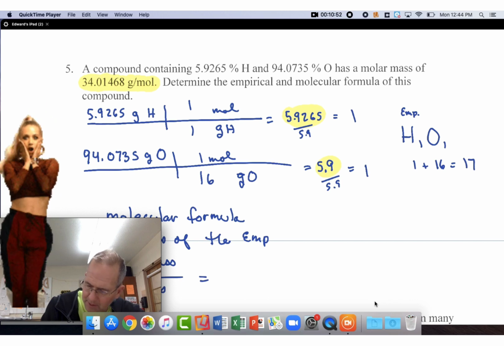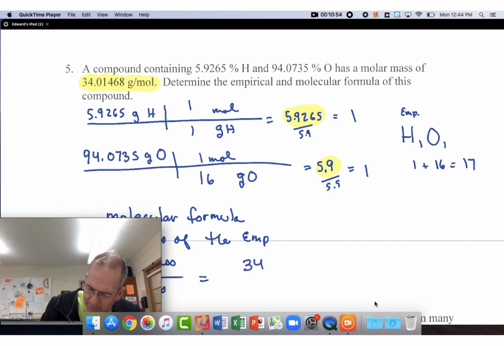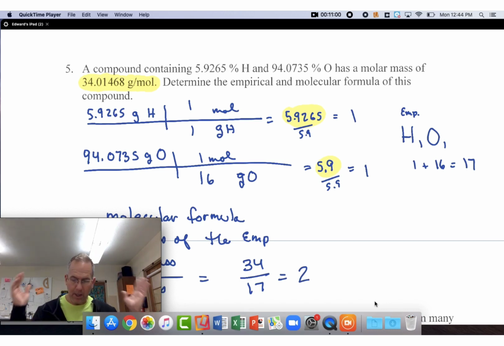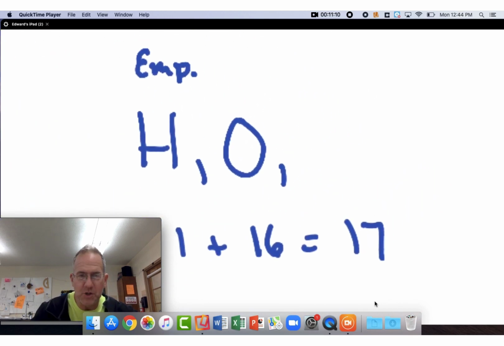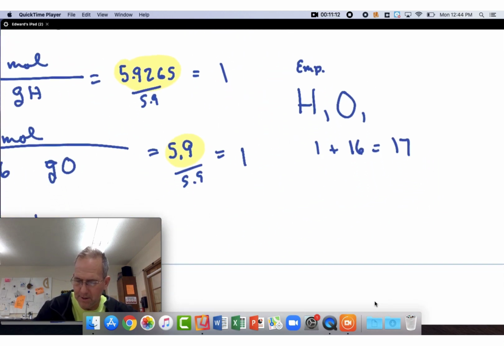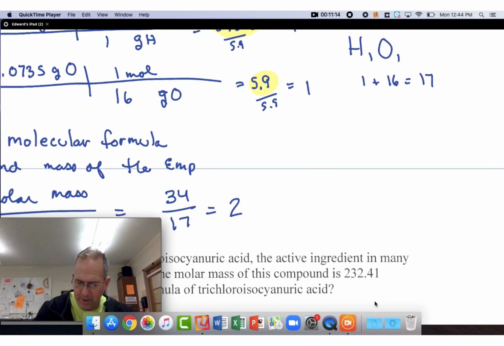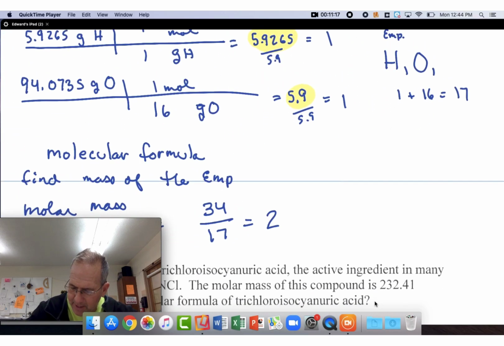So that's going to be 34 divided by 17, which equals 2. It should be a nice round number, okay? And what that means is we have 2 of each thing, since this thing is half as big as it should be. So instead of being H1O1, the molecular formula has to be twice as big as that. So it's going to be H2O2.